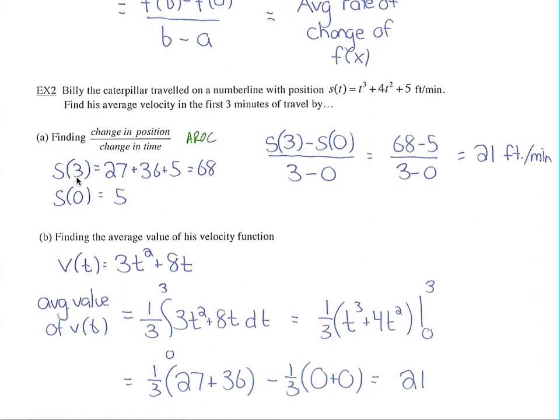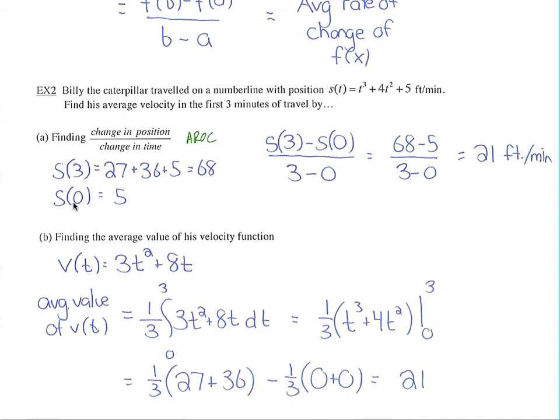So at 3 minutes, plug this into the position function. We get 3 cubed, which is 27, 4 times 3 squared, which is 36, plus 5. So at the end of 3 minutes, the caterpillar is at 68 feet, actually at 68 feet from some point defined as 0.